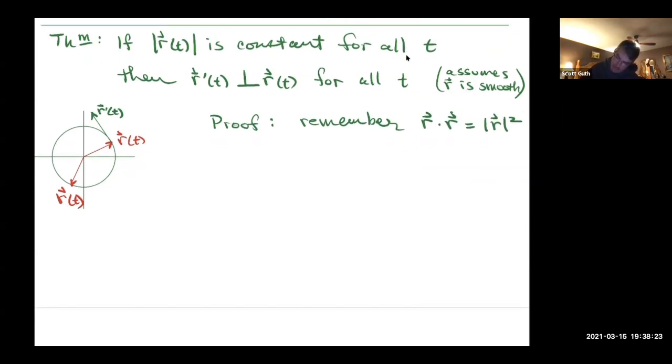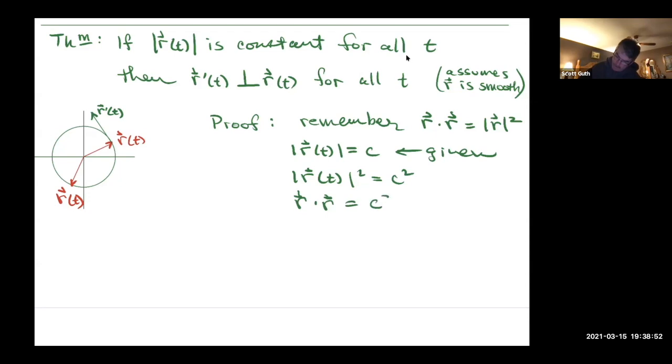So the magnitude of r of t equals a constant that's given. So the magnitude of r of t squared would be c squared, no kidding. But then that's just r dot r equals c squared. We take a derivative on both sides.